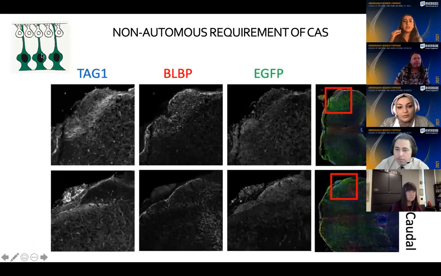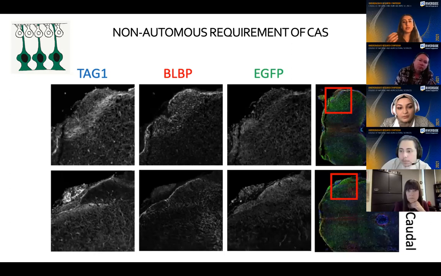So now to test that function, we first had to see if the Cas gene was present in the surrounding radial glia. So what we did was we investigated the expression in two different radial glia populations. The first population we checked was the BLBP radial glia. And we were able to see that the pontine neurons expressed Cas as they traveled laterally to the pontine nucleus.